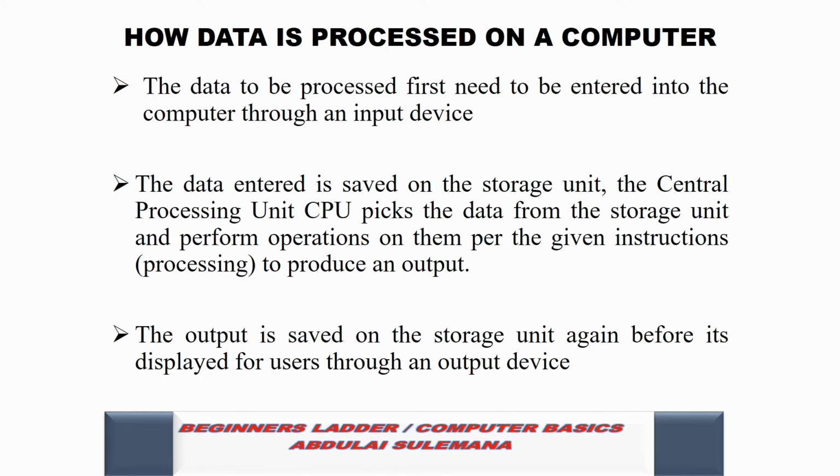It should be something reasonable. It should be something that can yield results. So once you fail to put correct data into the computer, don't expect to get the right answer from it. The computer is never super magic. It performs tasks according to our instructions.